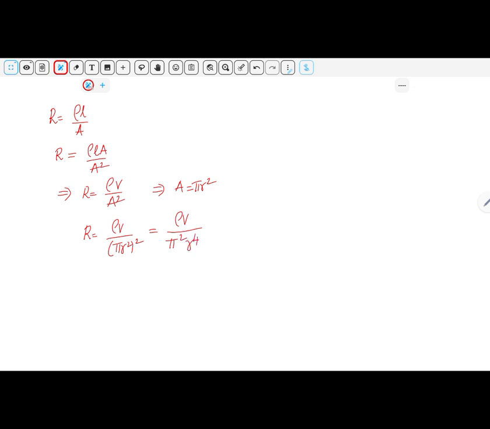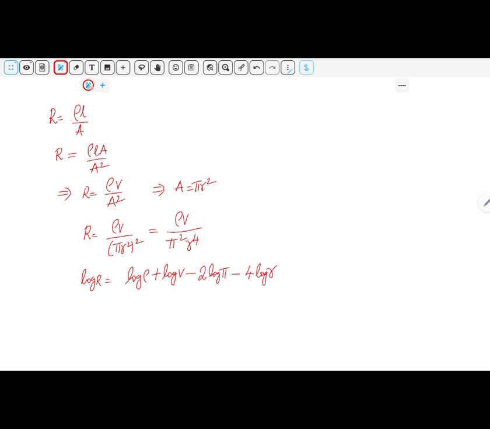Applying log on both sides, you will have log R is equal to log rho plus log V minus, I can write log pi square as minus 2 log pi, and as r power 4 is also in the denominator, I can write minus log r power 4 can be written as 4 log r.